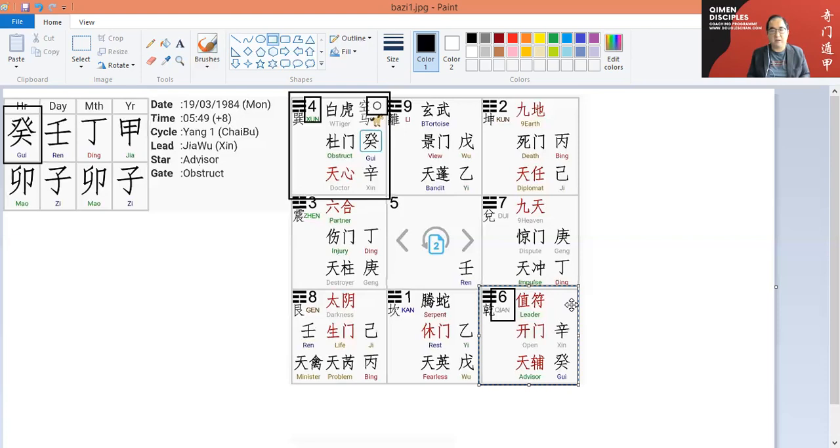However, there are a lot of situations whereby sometimes this particular emptiness is actually not a real emptiness. That means during the year of Taisui, what is the year of Taisui? Taisui means that every year there's a specific stem and a specific branch that will have a Taisui. That means for this particular chart that is being plotted, there are a couple of Taisui involved.